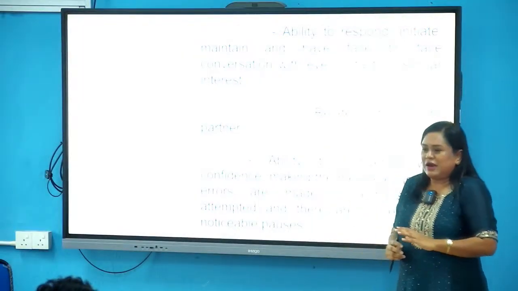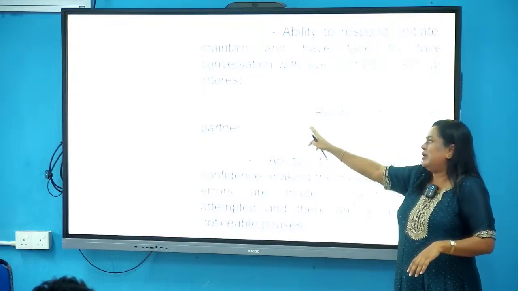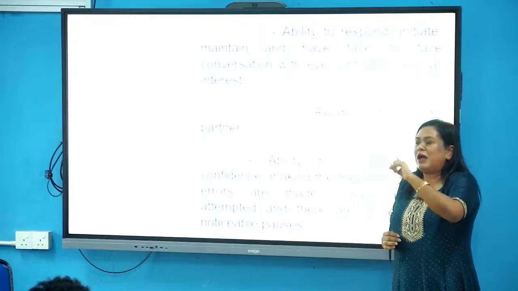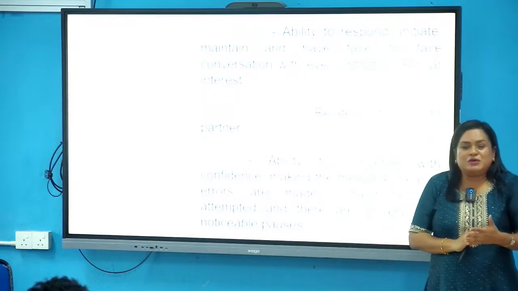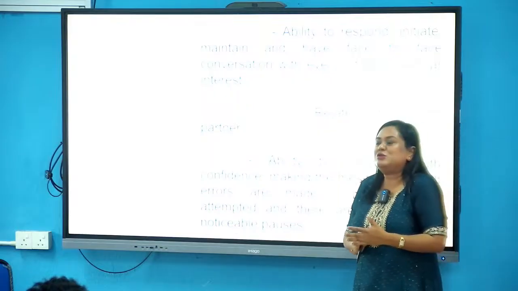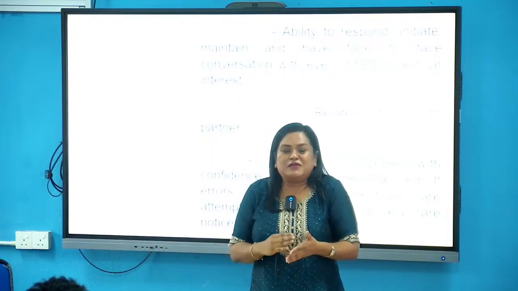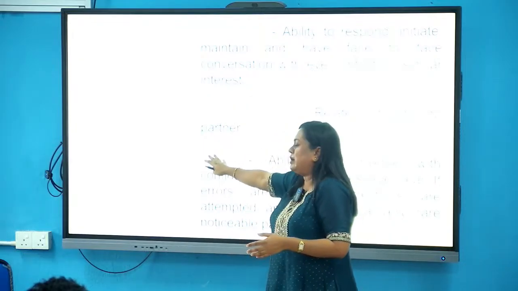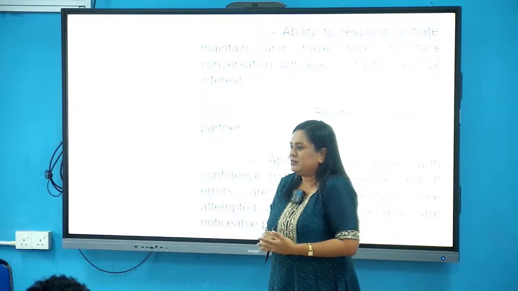So that is interaction. Next, this criterion, relate and negotiate with partner, goes back to part 3, discussion. Many of you fail to relate to your partner. So keep in mind, if you fail to relate to your partner, for communicative competence, you will not get a 5 or a 6.